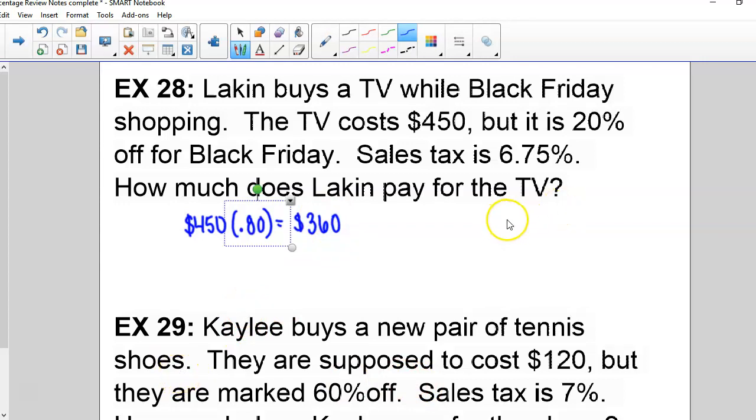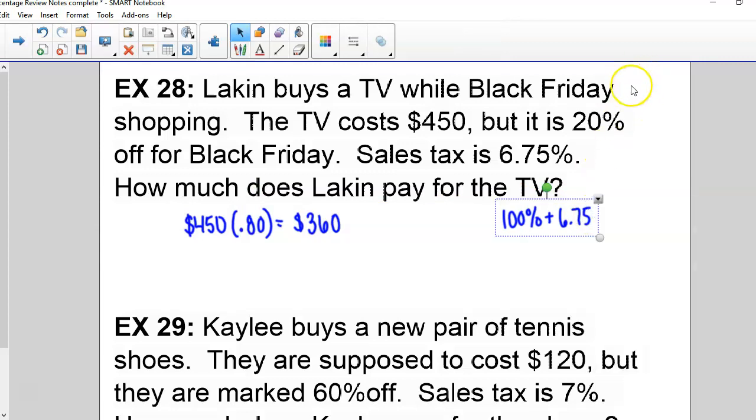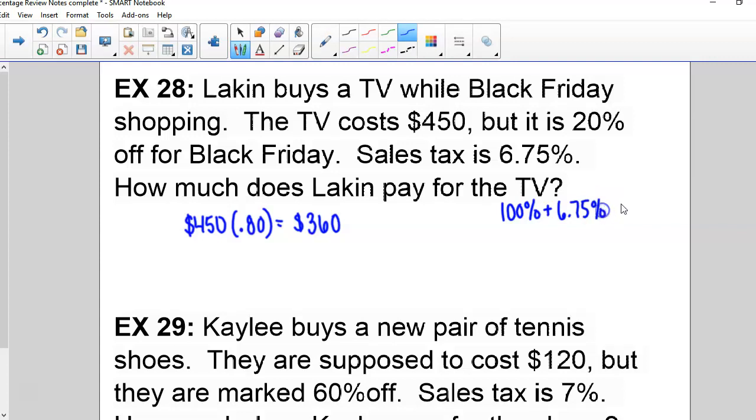Okay, so sales tax, I've got to pay 100% of the price, the 100% of 360, plus 6.75%, and I'm usually doing all this in my head. I don't write it down. Okay, so that's 106.75%. What is that as a decimal, Cole? Perfect.